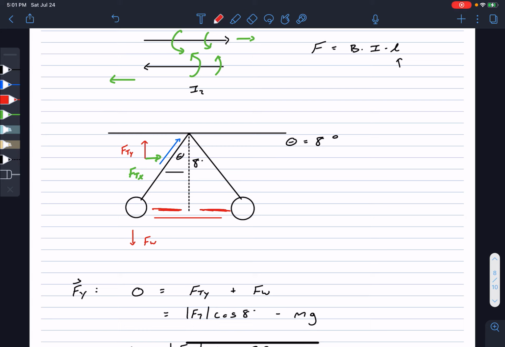So what we're going to have is a factor of 2, because we have 1, 2, right? Times the length of this cable, the length of this wire, call it L, times sine of 8 degrees, which is going to give you this length here.